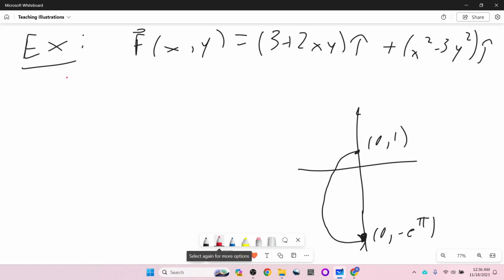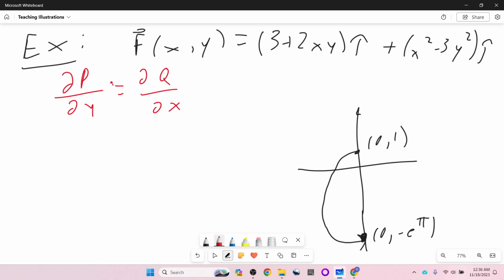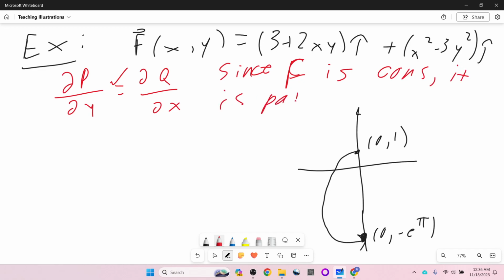So you could do this. I check to see if F is conservative, and I check that it is. So since F is conservative, it is path independent. Finding the little f might take a while. So instead of that, I know it exists, so I can just take any path I want. What if I just go straight down?